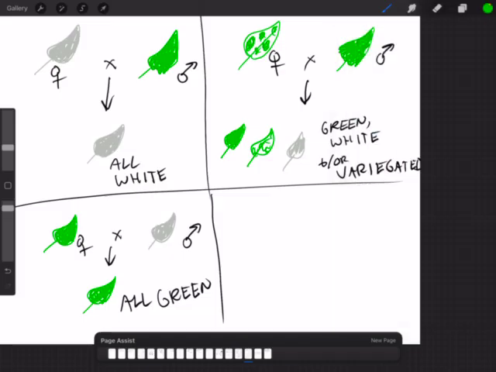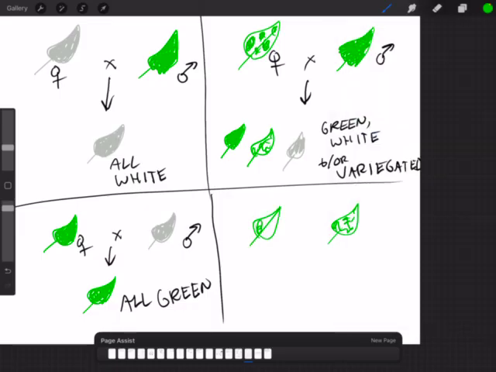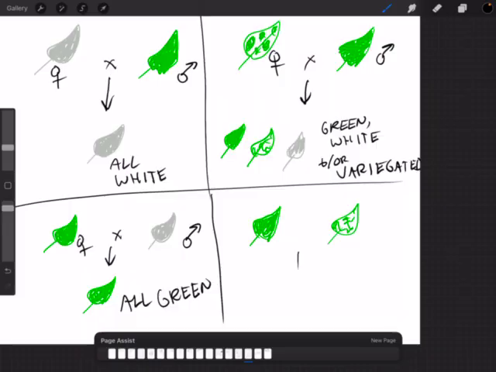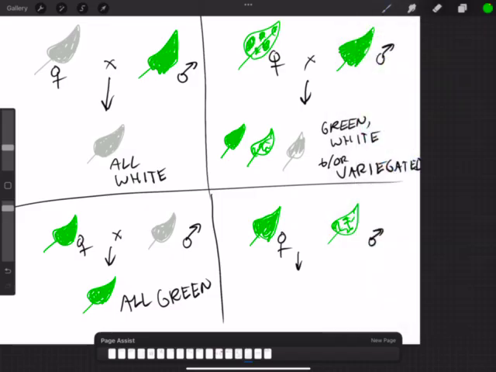Let's do one more example. Let's say we have a variegated male and a green female. What do we think we have here? All green, that's right. That is all green. Because again, it only matters what the female, the one providing the chloroplasts, is doing.